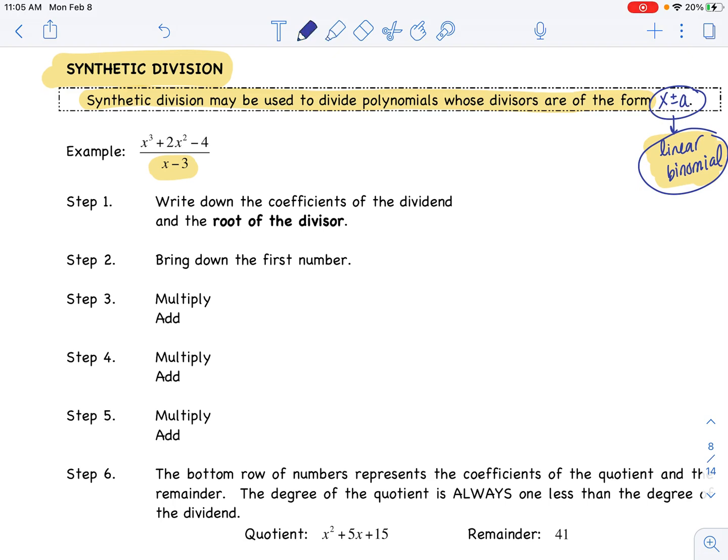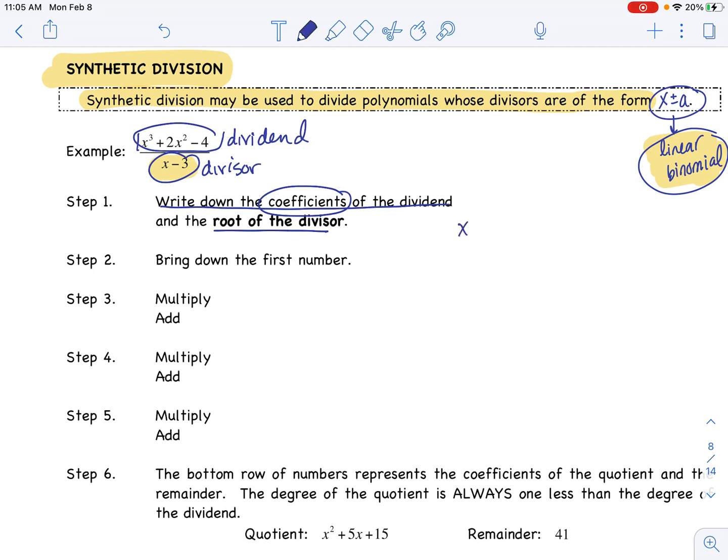So for example, if we have x cubed plus 2x squared minus 4, we're dividing by x minus 3. Step 1, write down the coefficients of the dividend and the root of the divisor. So this one on top is my dividend, and this is my divisor. So I write the coefficients of the dividend. So what are my coefficients? Let's rewrite.